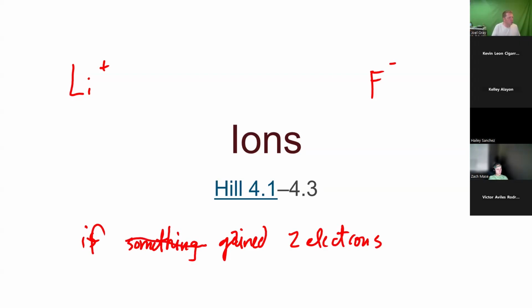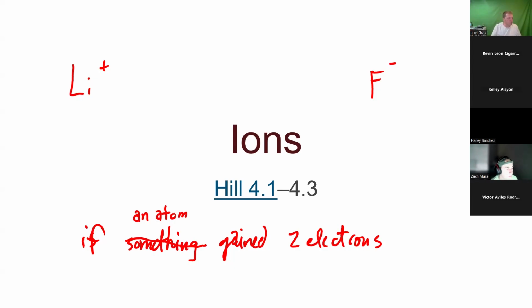If an atom gained 2 electrons, what do you think the charge is going to be, positive or negative? Kelly, perfect. -2. It's going to be a negative charge.